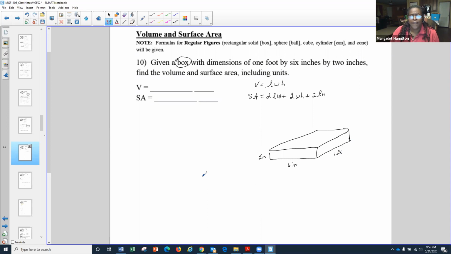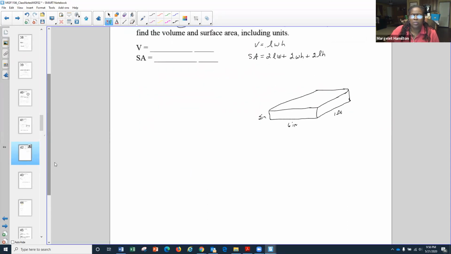Okay. Now, taking a look at what they give us. If you notice, here they gave us 2 inches, 6 inches, 1 foot. Right there, something's not right. We see that the dimensions are different. Right there, we have a conversion issue.